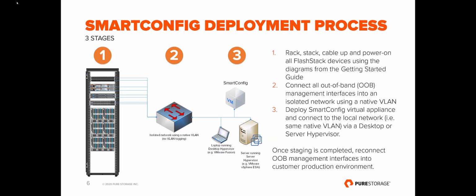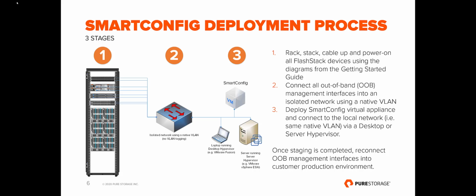SmartConfig is maybe a little different than some other pieces, but just briefly, this is how it controls that deployment process. You basically rack and cable your UCS gear according to what gear you are using as part of your FlashStack. You then connect it up to an isolated dumb switch or other native VLAN, that is with no VLAN tagging.